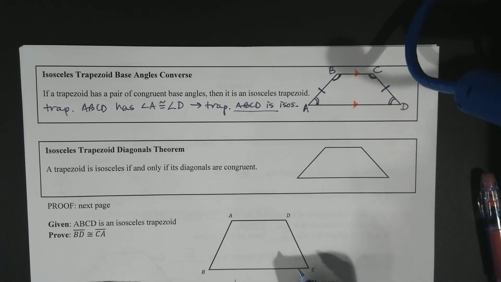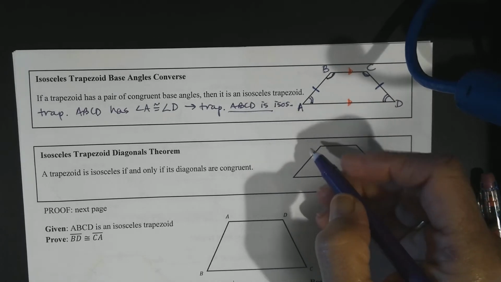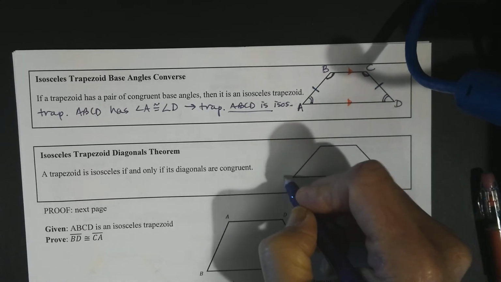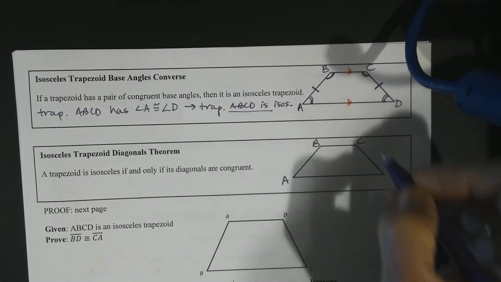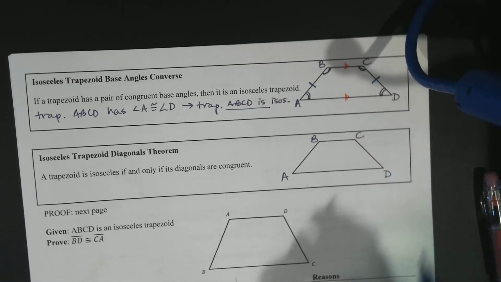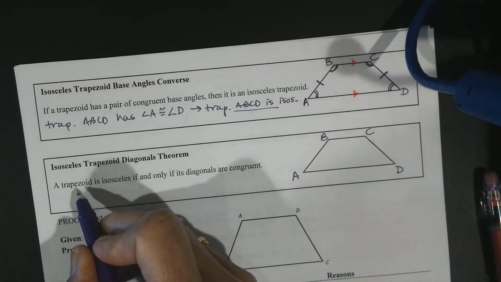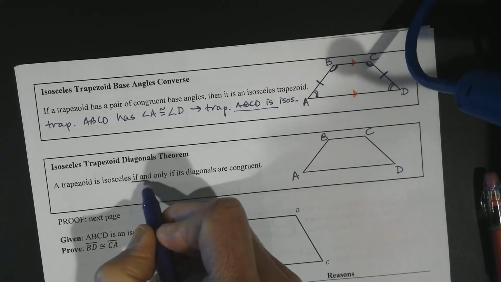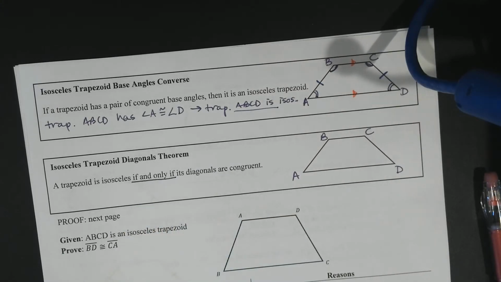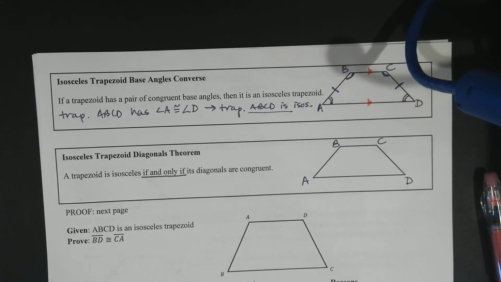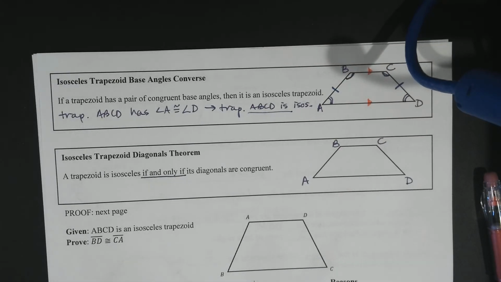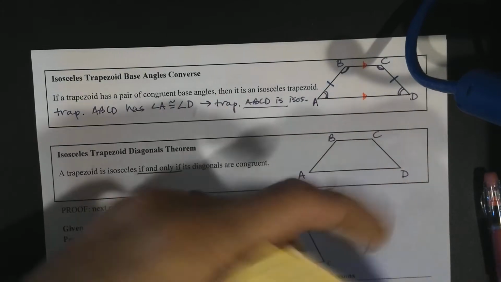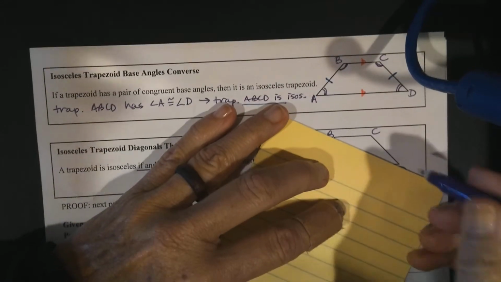And then our third theorem of the day is diagonals. So again, if I go ABCD, a trapezoid is isosceles if and only if, which means it goes both ways. You don't have to have a converse. Its diagonals are congruent. So I just want to draw a straight line.